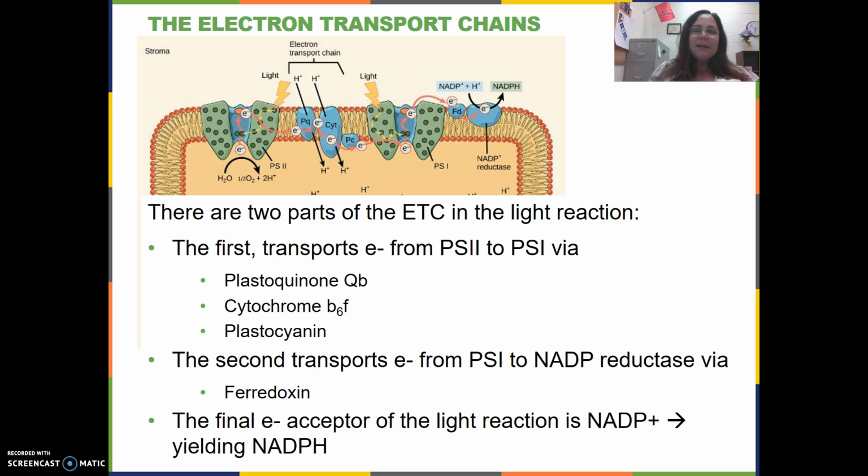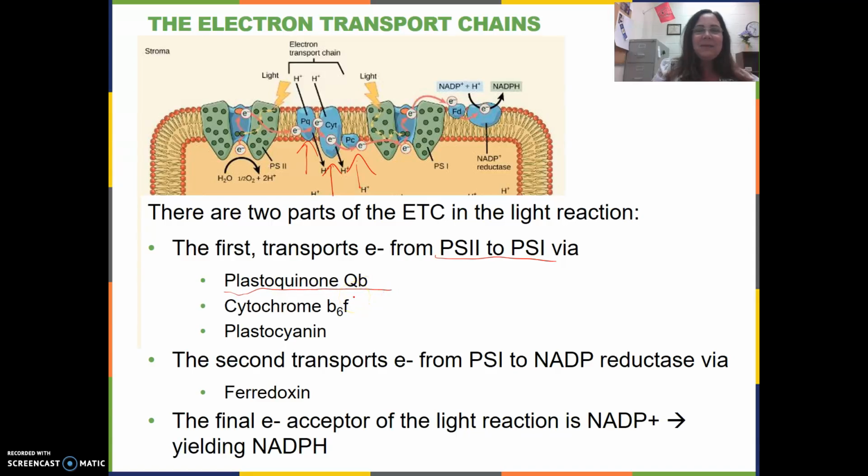I try not to get too detailed about the names of these electron carriers of the electron transport chain, but they're listed in your notes, so I will read through this. There are two parts of the electron transport chain. The electron is transported from photosystem 2 to photosystem 1 by these components.